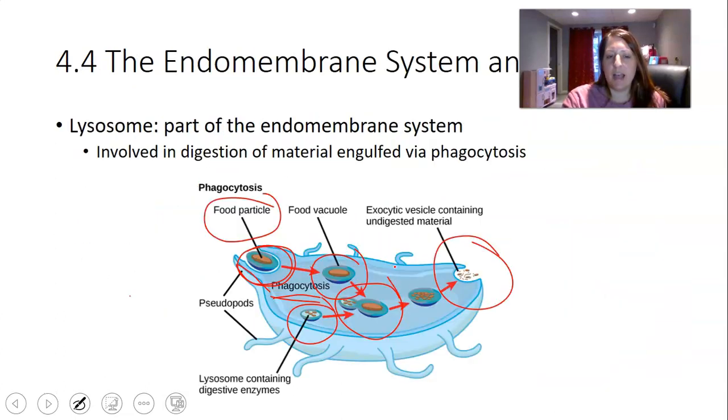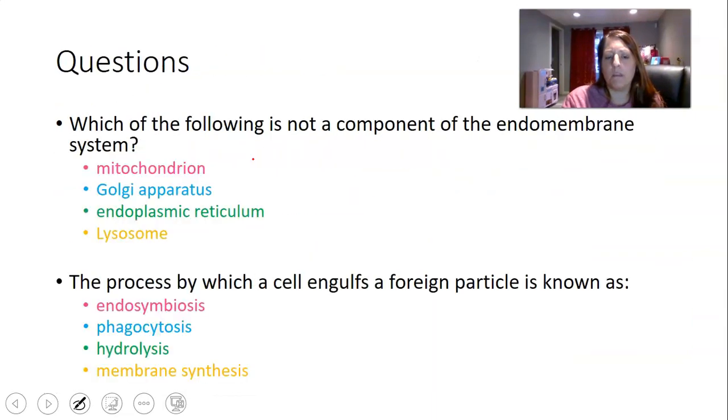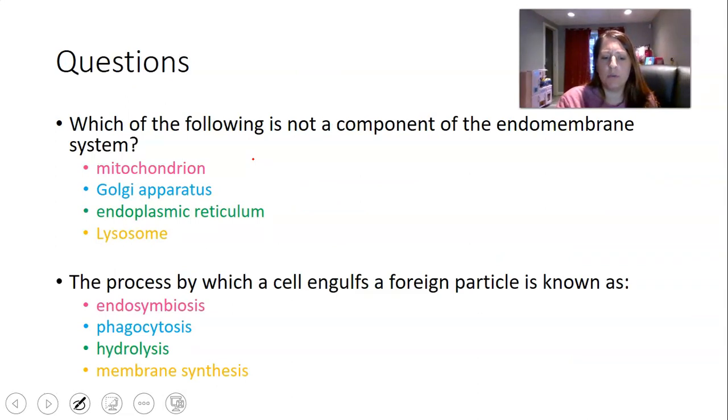I mentioned the endosymbiont theory, but that's not what we're talking about here. In this figure right here, this is called phagocytosis. It's the engulfing of food or some other particle by the membrane. So question number 2, the answer will be blue, phagocytosis.